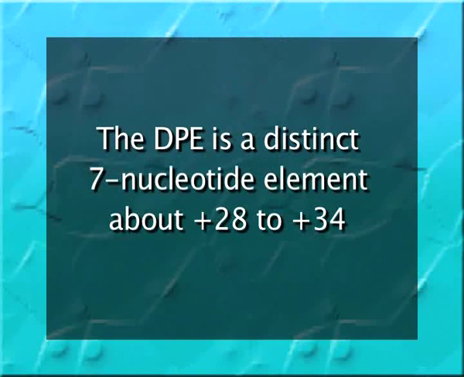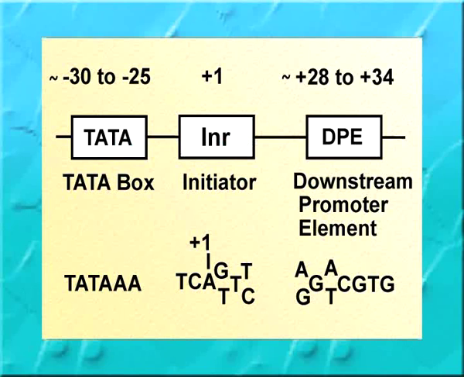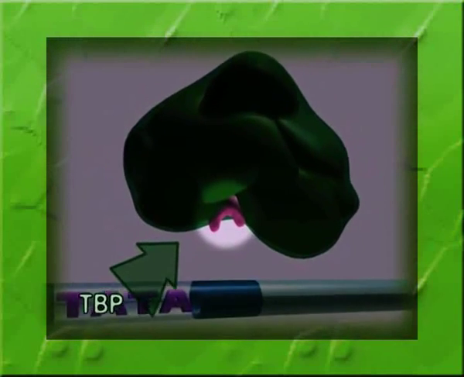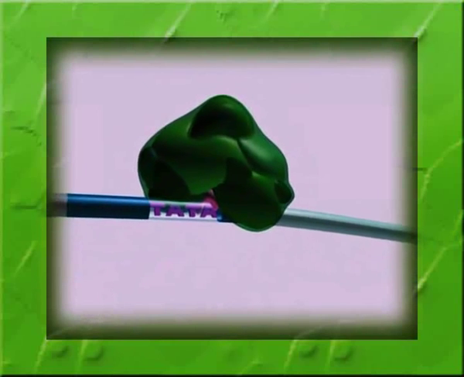promoter region. The DPE is a distinct 7 nucleotide element that is located at about plus 30, typically from plus 28 to plus 34 relative to the transcription start site. It is present in many but not all promoters and is bound by transcription factor 2D but not by TBP, TATA box binding polypeptide.